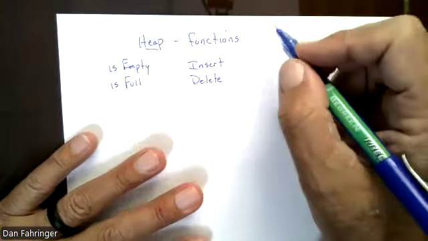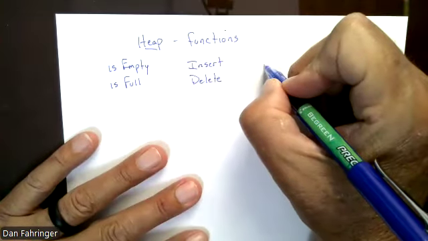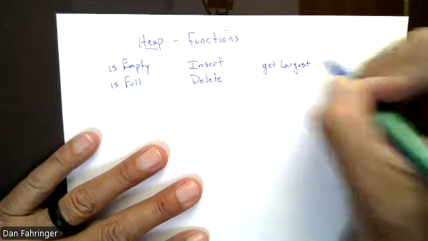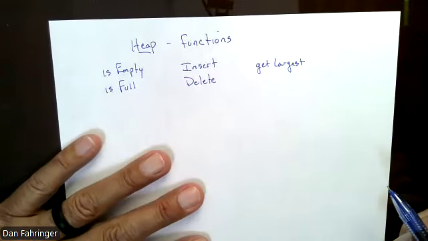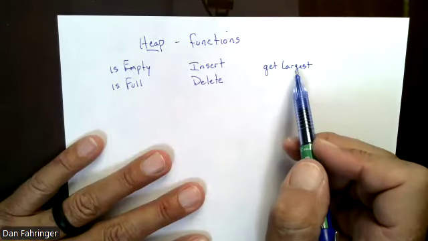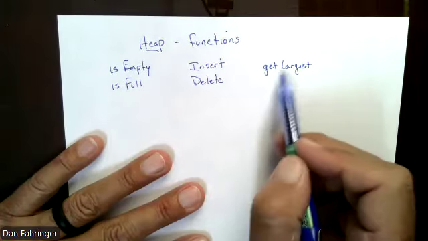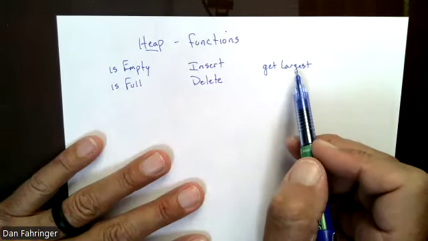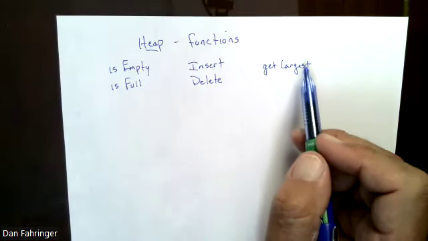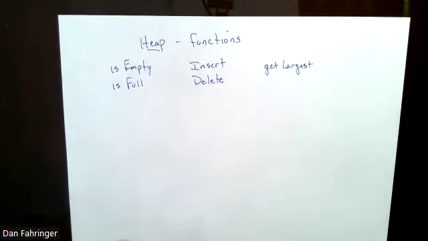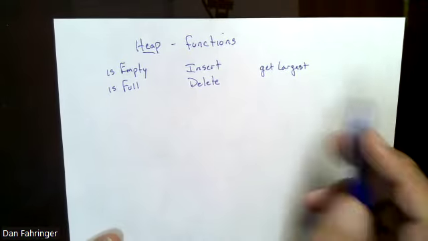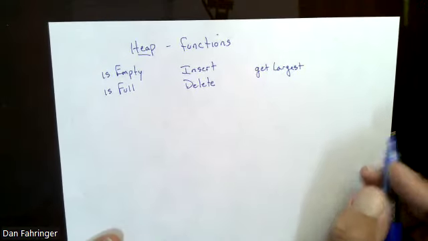All right, I'm going to need something to get largest. Somehow or other, I need to get the largest. And where would the largest be? Isn't it in the first spot? It would be like array element 0 or the root or the head or the top, all those different names for a linked list or for an array. But I would say at sub 0 since we're thinking about that.